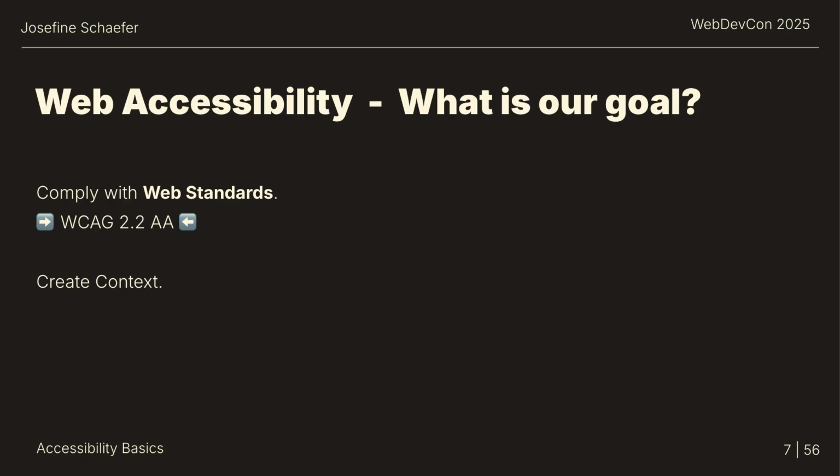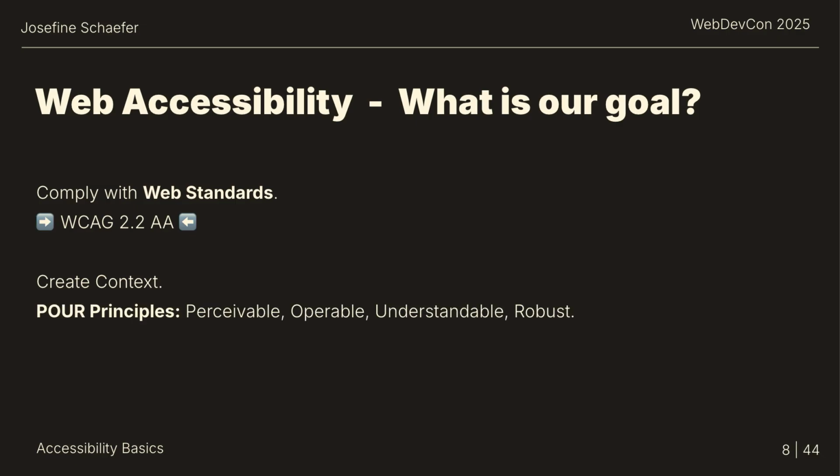So what we're also aiming to do is create context, right, and different means of interacting with our content. There are the POUR principles, is what they're called. The accessibility space loves their acronyms and loves shortening things. POUR stands for: we want to make our content perceivable, operable, understandable, and robust for many different kinds of user agents, right? Whenever you're thinking about what am I doing or why am I doing this, usually you can bring it back to these principles on an abstract layer.